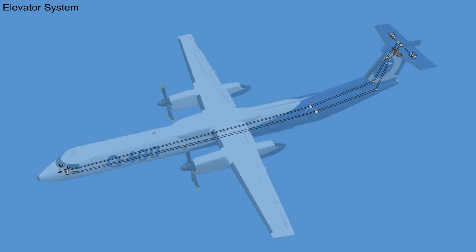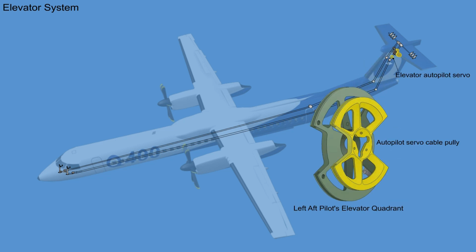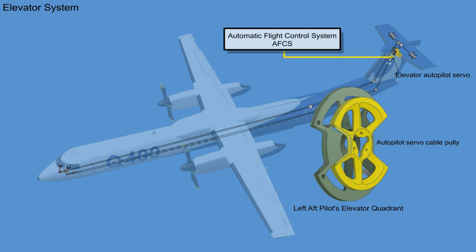The aft quadrants transfer the pitch control movement through push rods and bell cranks to the PCU input torque tubes. The left-aft pilot's elevator quadrant also has input from the Automatic Flight Control System, AFCS.